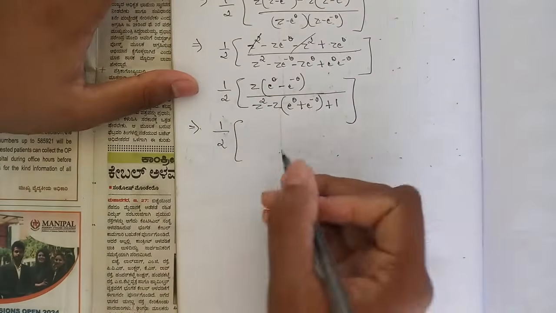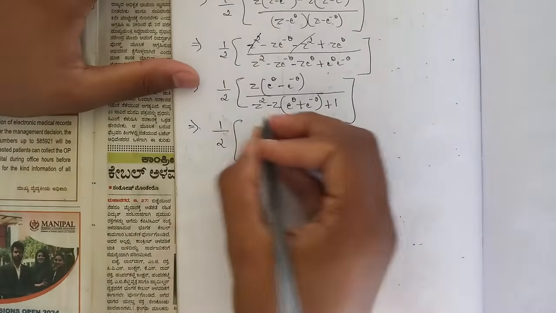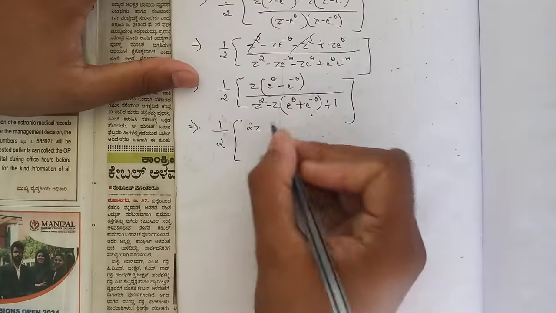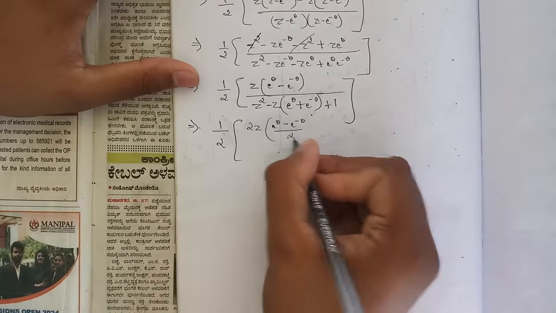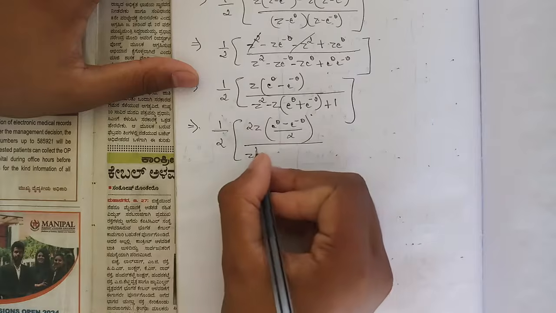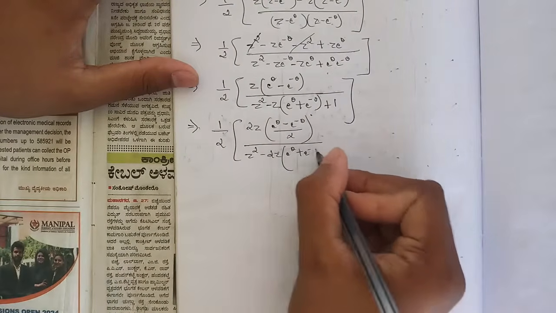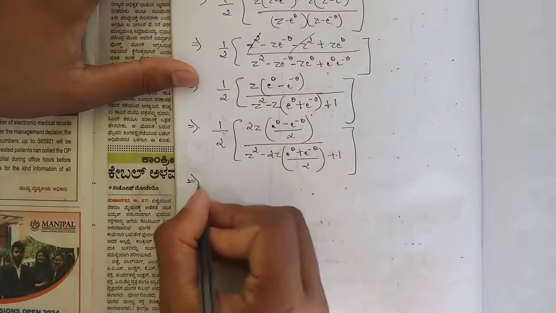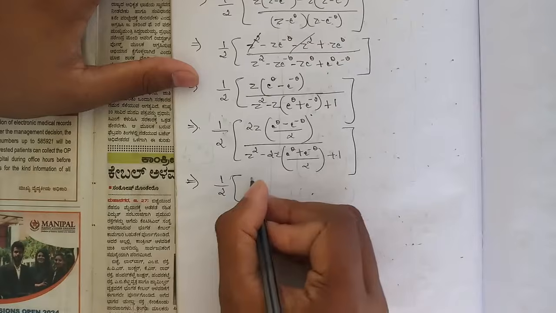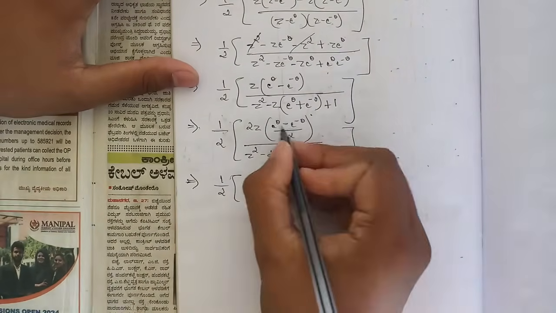So now again we need to multiply and divide by 2 for both cases in order to get a hyperbolic function. E power theta minus e power minus theta divided by 2, divided by z square minus 2z into e power theta plus e power minus theta divided by 2 plus 1. So this corresponds to a sine hyperbolic function, since there is a minus.